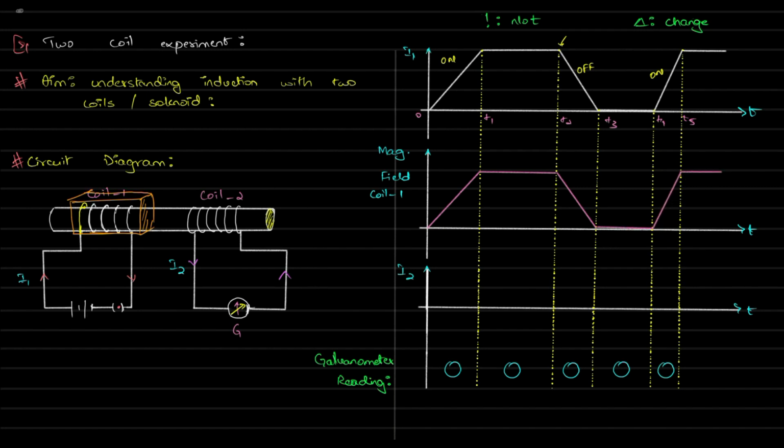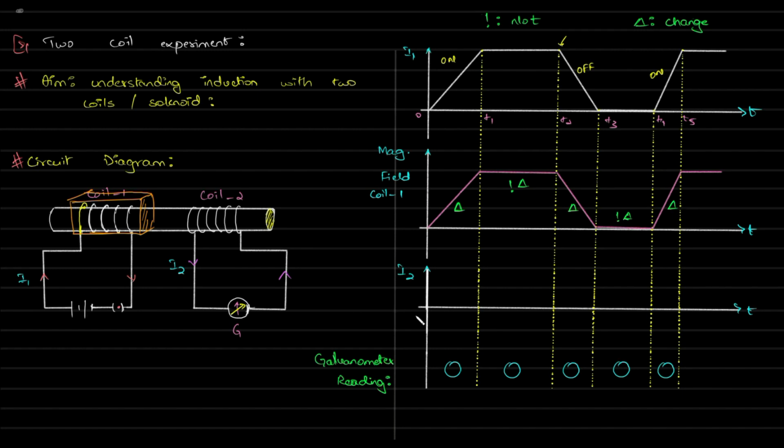Now, you guys have to answer this question. In which cases do we see a changing magnetic field? So this is a changing magnetic field, right? Delta means changing: changing, not changing, changing, not changing, changing.